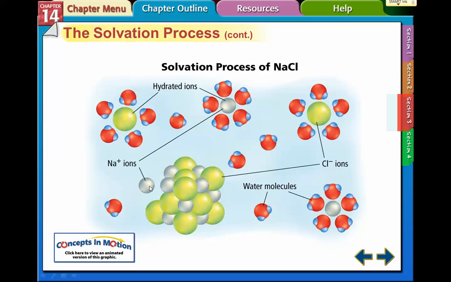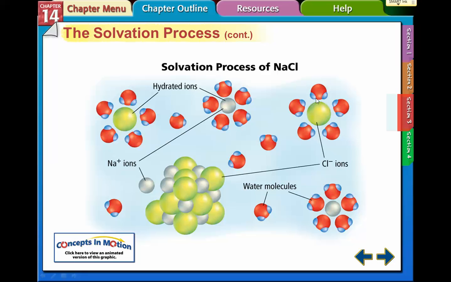The white ones here are the sodium ions and the green ones are the chlorine ions. Well, the water has this dipole effect. The red end here by the oxygen is negative, so it's attracted to the positive charge on the sodium ion. The blue part, where the hydrogen atoms are, is slightly positive, so it's attracted to the negative chlorine ion.